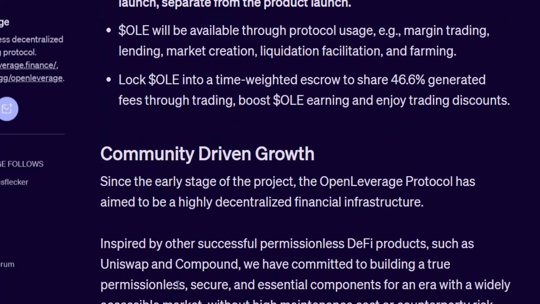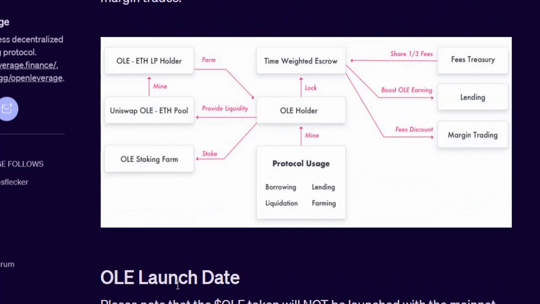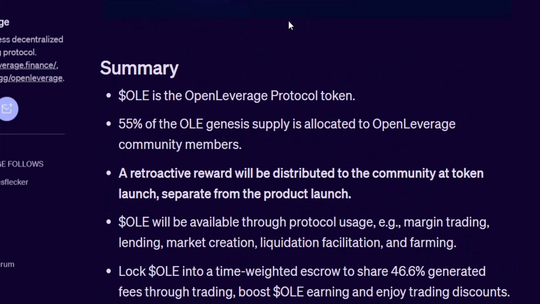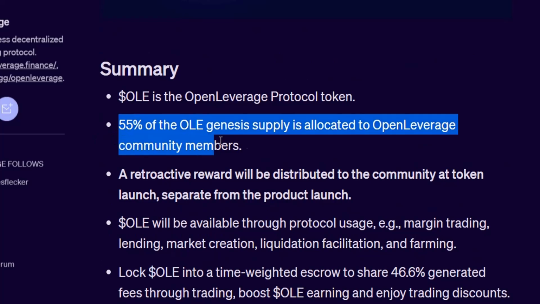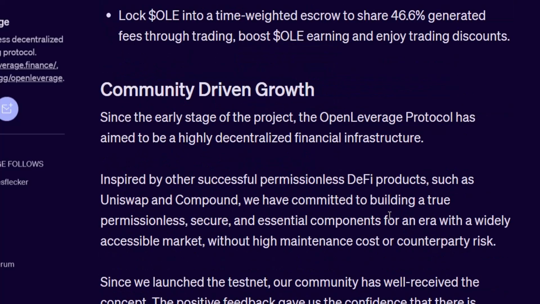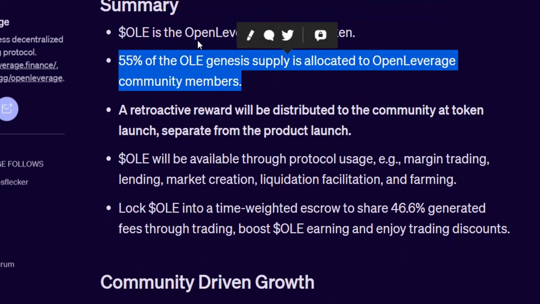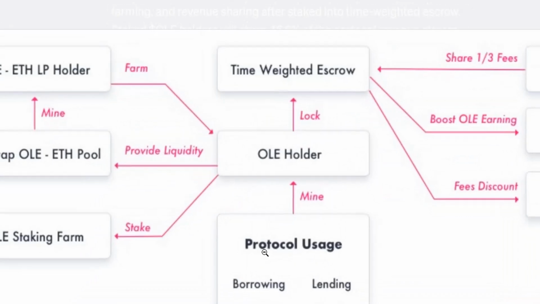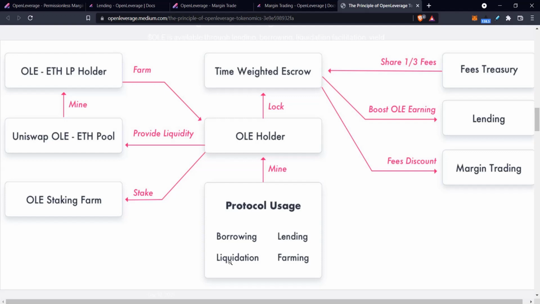Now, if we scroll down, you can read this if you want. There is a chart here that explains what's going on with the OLE token. In order to get the OLE token, you have to participate in the protocol: borrowing, liquidation, lending, farming. They did some airdrops to certain people, 55% going to community members, people who practiced on testnet, beta testers, but the rest of it goes to borrowing, lending, liquidation, and farming.